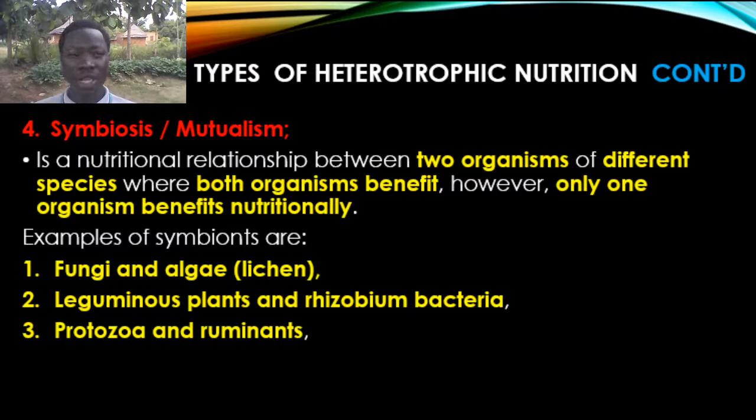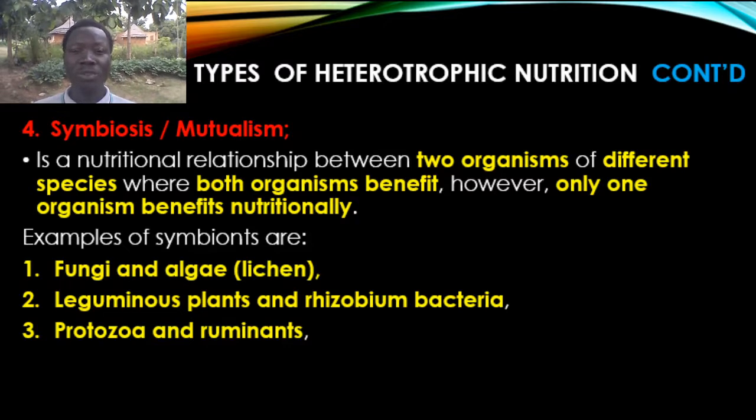Plants contain a lot of cellulose in their cell wall, and this cellulose is very strong so that it can't easily be digested. Like human beings cannot digest cellulose. So the protozoans digest this cellulose and are able to release glucose out of it, and this glucose is being used by these ruminant animals.